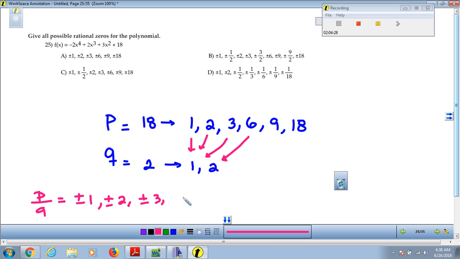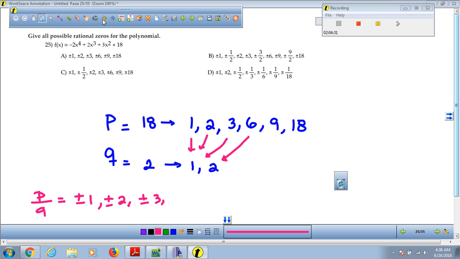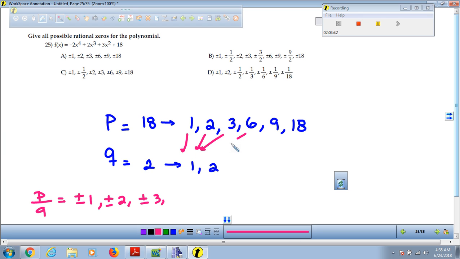Okay, so 6 divided by 1 is plus or minus 6. 9 divided by 1 is plus or minus 9. 18 divided by 1 is plus or minus 18.